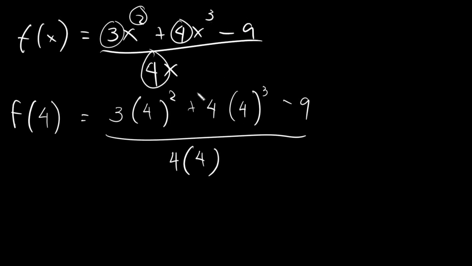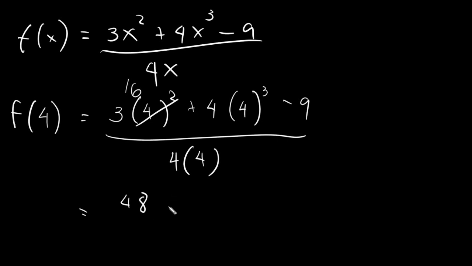Let's try to solve for our given. 4 squared is 16. Let me get my calculator. 16 times 3, the answer is 48. So this would be 48 plus 4 cubed, the answer is 64. 64 times 4, the answer would be 256 minus 9.